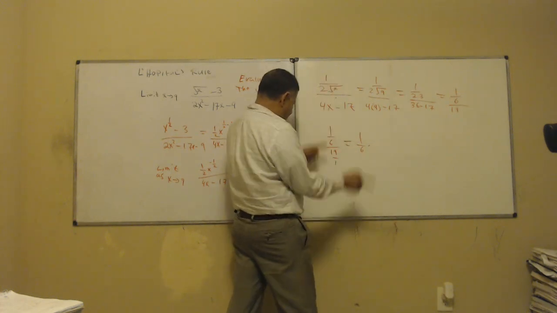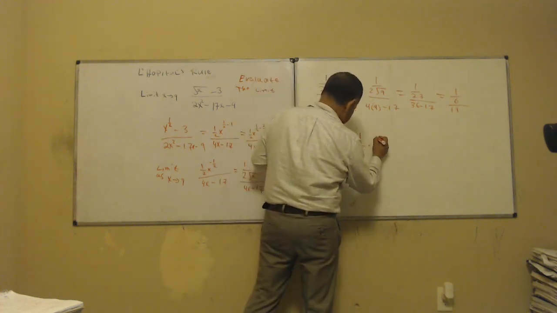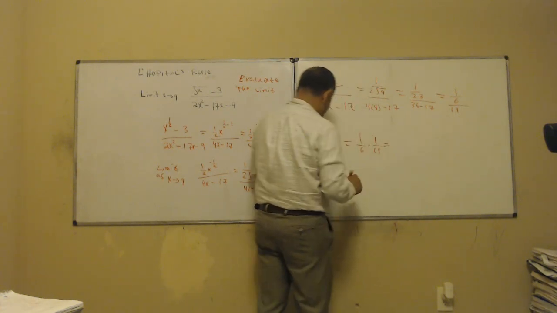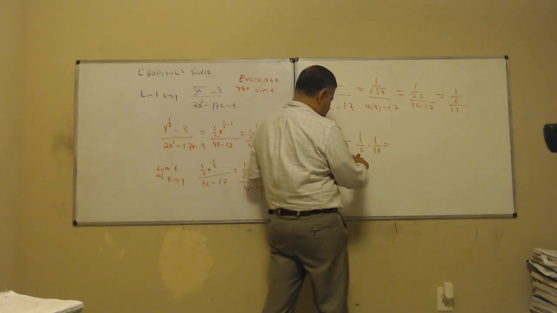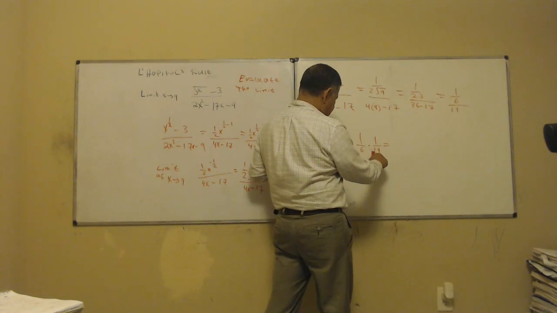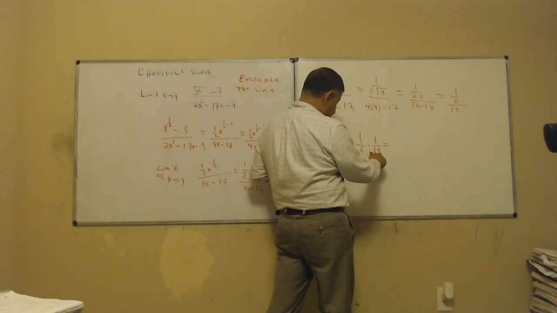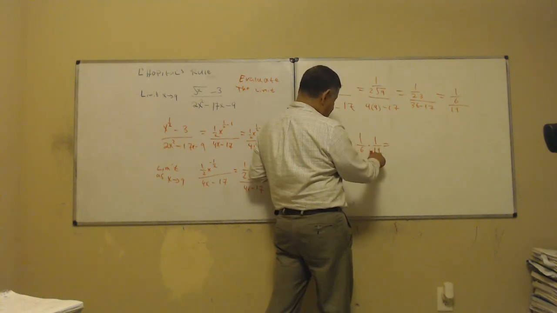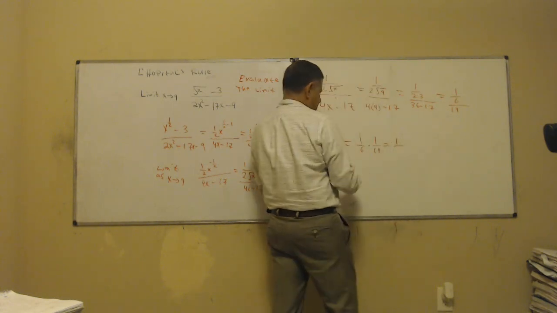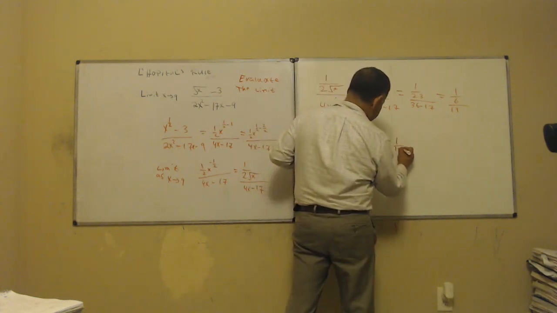Flip, multiply, and then you get 1 over 19, which is, this is 14, carry 1, and then you multiply this time. This is 6, and you had a 14, and technically it is 1 over 114.